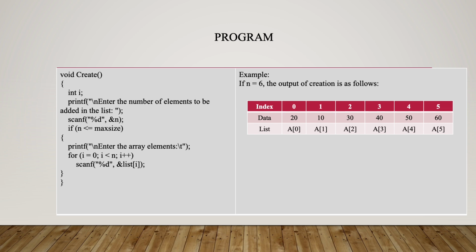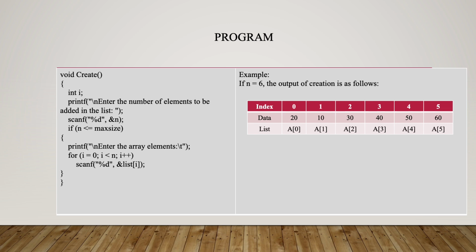If the condition is true, it prints another message asking the user to enter the actual array elements. Then using a for loop, it reads each element one by one from the user and stores them in the array list from index 0 up to n minus 1.